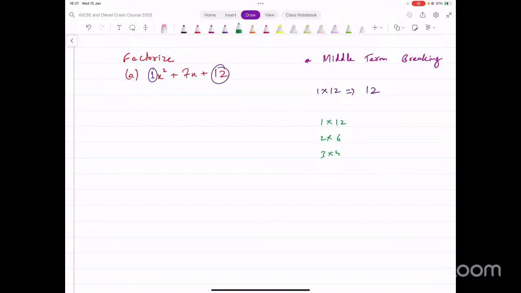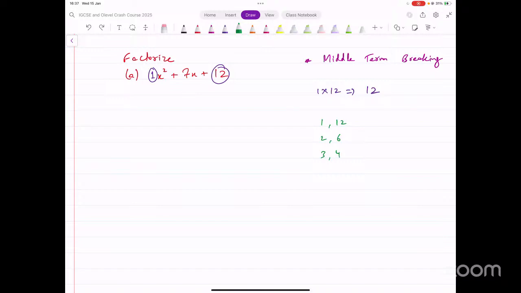All right. Now, let me write it like this: 1, 12, 2, 6, and 3, 4. These are three sets of numbers. Do any of these numbers, when added, give us 7?